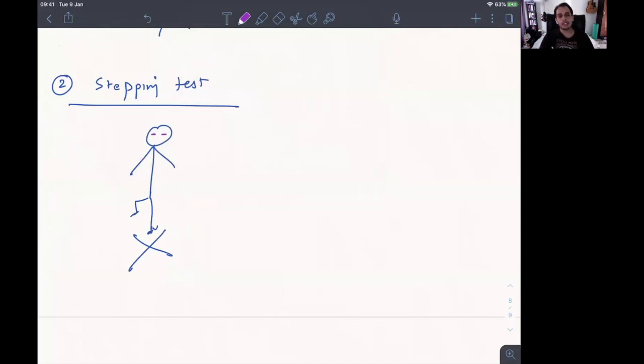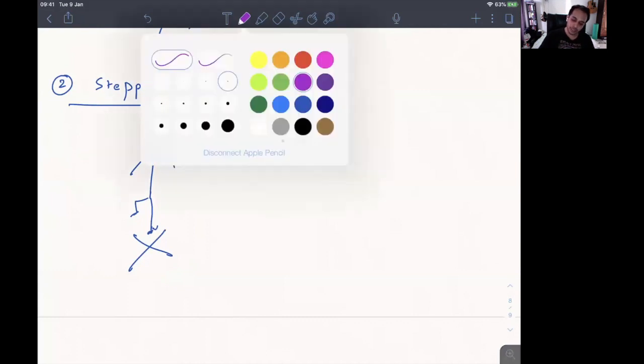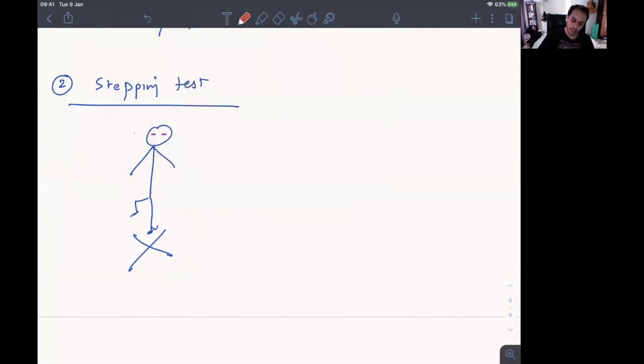In a normal person, he will be able to step up and down, just do a march past on that same spot, and there will be no issue. But in a case of vestibular dysfunction, gradually, if there is a right-sided problem, the left side will push. So gradually the body will turn towards the side of the problem because the normal side is pushing it.